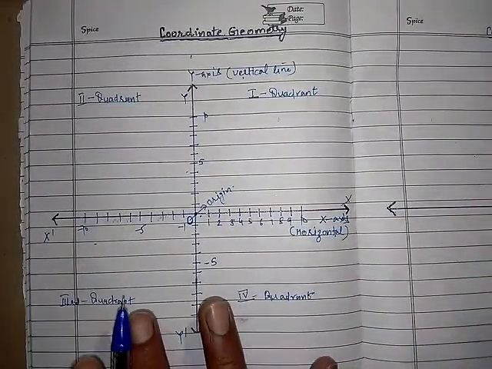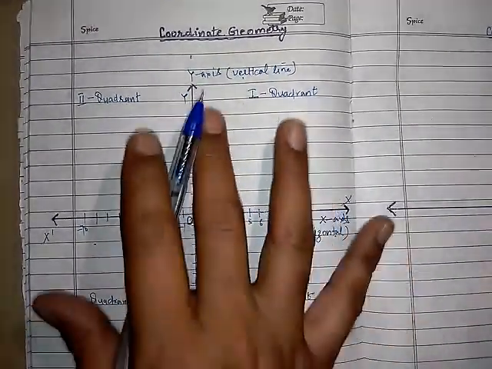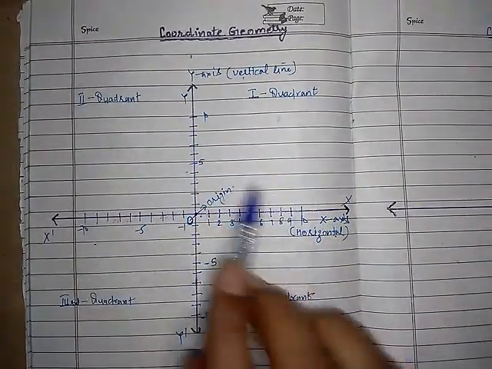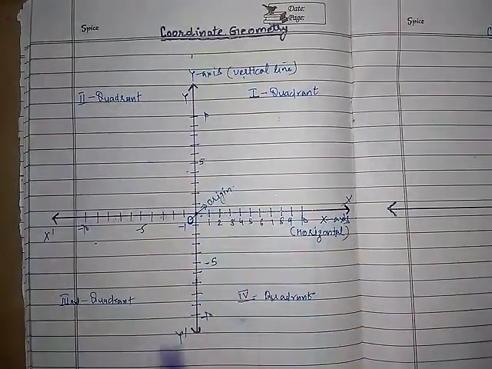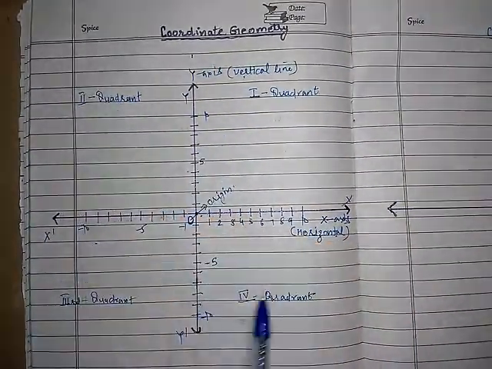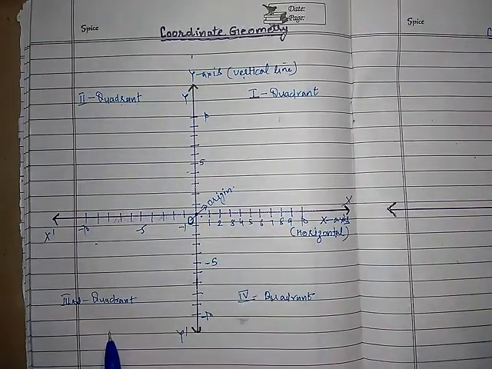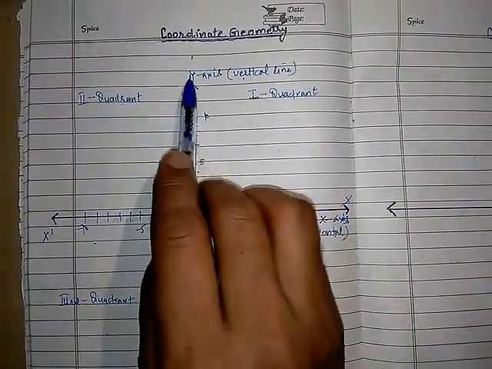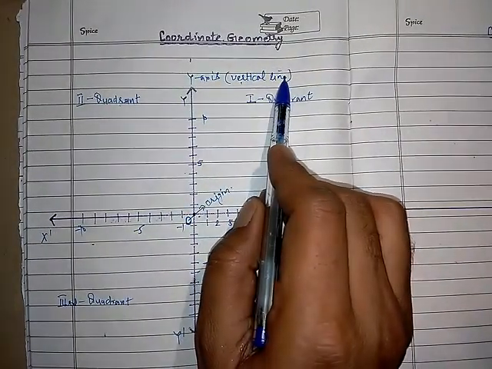So whatever the coordinate system is in front of you, two axes, the x and y axis, divide the whole space into four equal parts, which are called quadrants. The x-axis is called the horizontal axis, and the y-axis is called the vertical line.